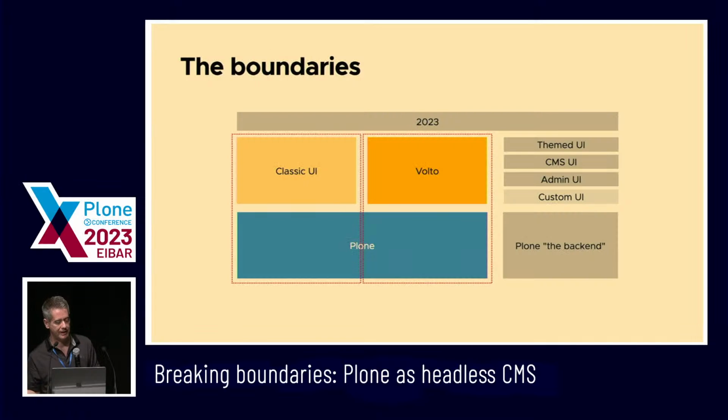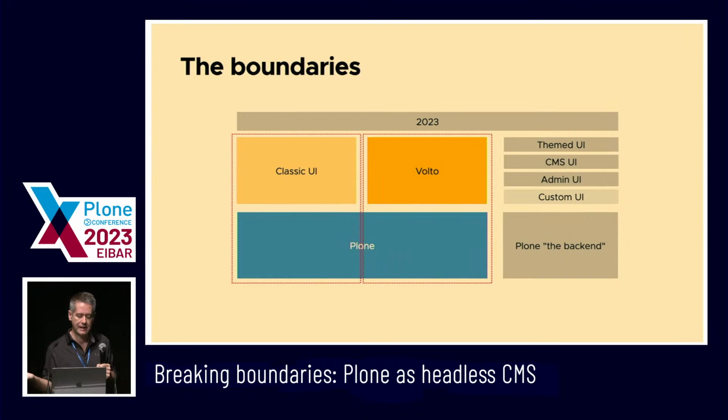Okay. So right now we have to choose between the classic UI and the Volto UI, these verticals, and these are the boundaries, right? So either you go one way or you go to the other. One could say, yeah, maybe I have a project where I'm using both.